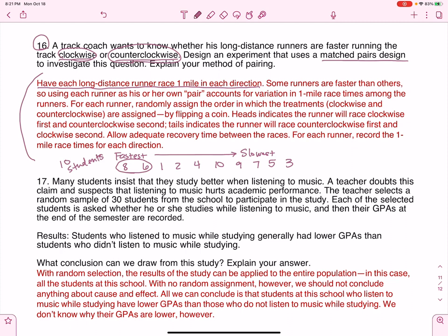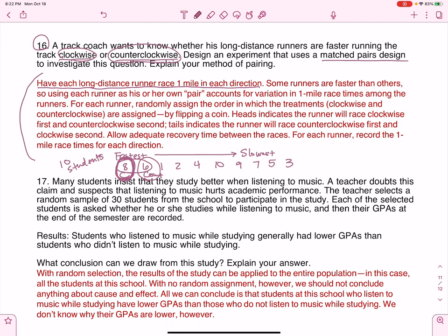All right, so for instance, in this pair right here, I'm going to flip a coin. If it lands on heads, that means that 8 gets clockwise. That means that 6 gets counterclockwise. So when I flip my coin, let's say it lands on heads, that means this runner right here, number 8, runs clockwise, and 6 runs counterclockwise.